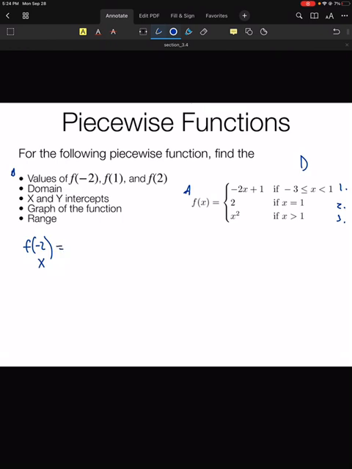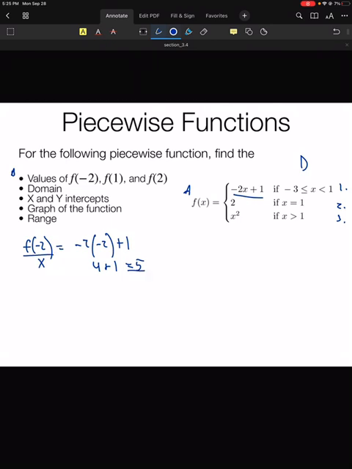So to evaluate this function, we're going to substitute negative 2 for x into the equation negative 2x plus 1. What you get is negative 2 times negative 2 is 4, plus 1 is 5.